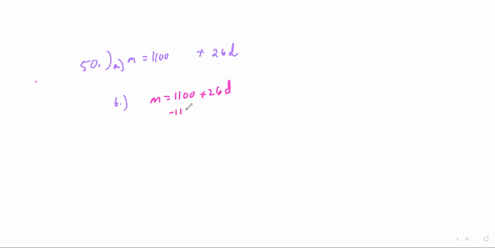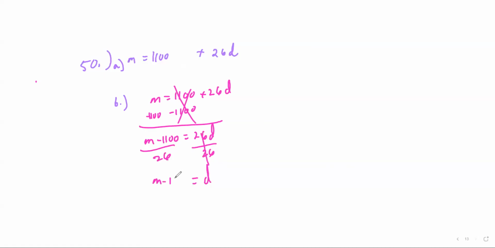First thing I'm going to do is subtract 1,100, get rid of those constants. So I get M minus 1,100 equals 26D, and then divide by 26. So then my D would equal M minus 1,100 over 26 in terms of M.